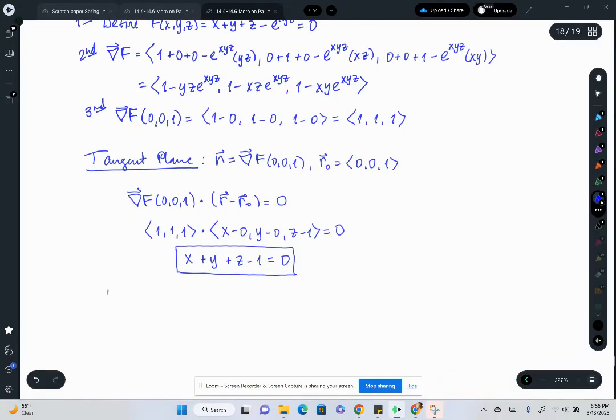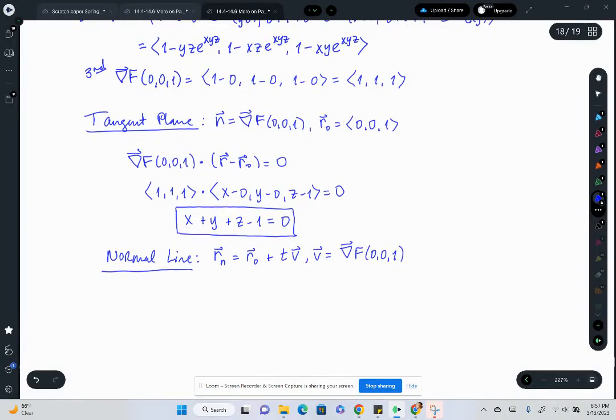The normal line. So this is r sub n, and it will be equal to r naught plus t times the v vector, where v is equal to the gradient of f at 0, 0, 1. I pop those things in. It's the same r naught that we had for the plane.